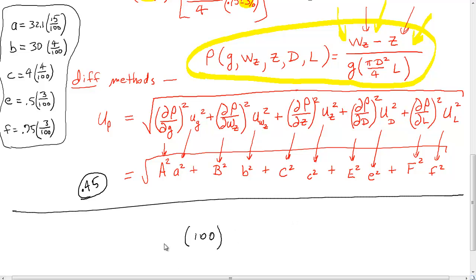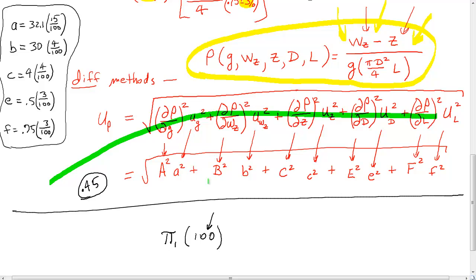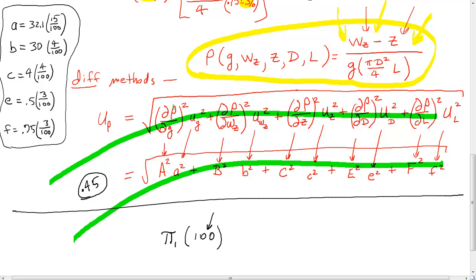This thing would be a mess. You'd have 100 variables across here, and you'd have to take the partial of each and every one of those.